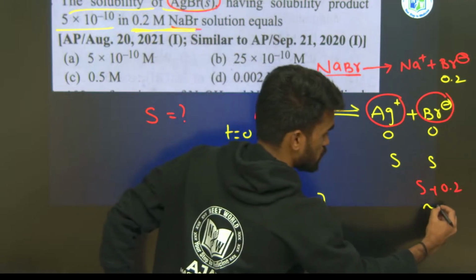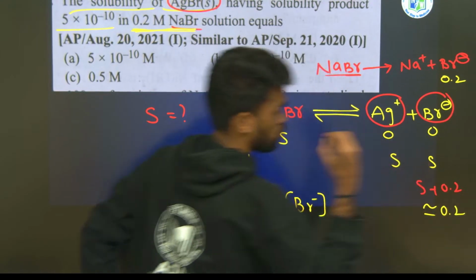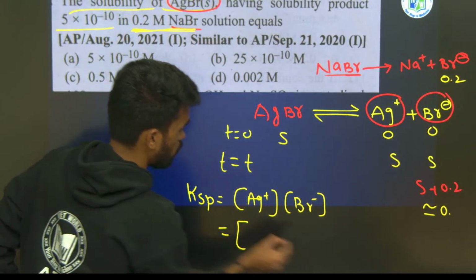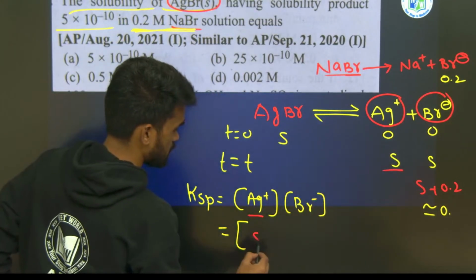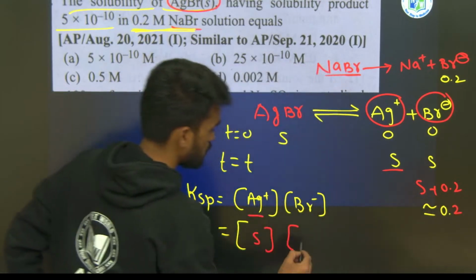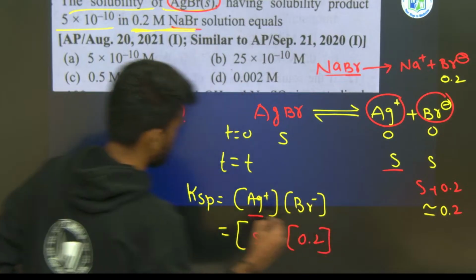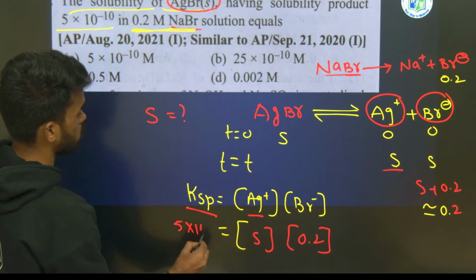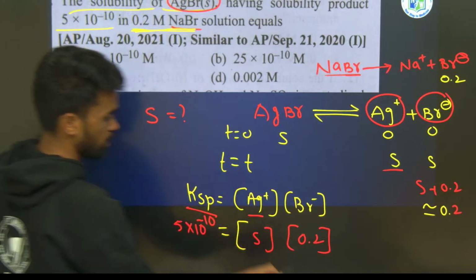So this concentration becomes almost 0.2. Now I am writing concentration of Ag plus as S and concentration of Br minus as 0.2. What is the Ksp given for this? 5 into 10 power minus 10. That's it. You got the answer.